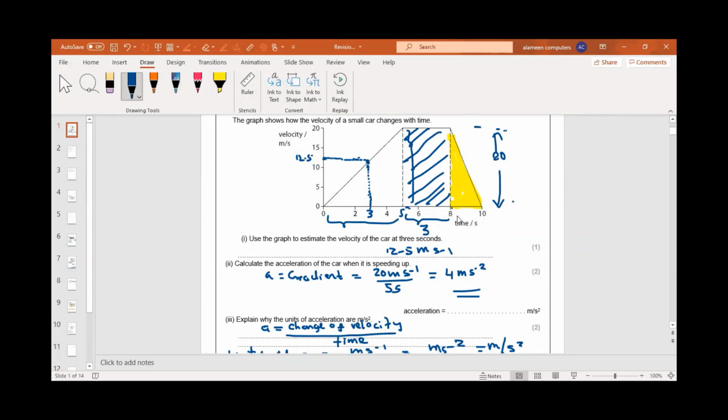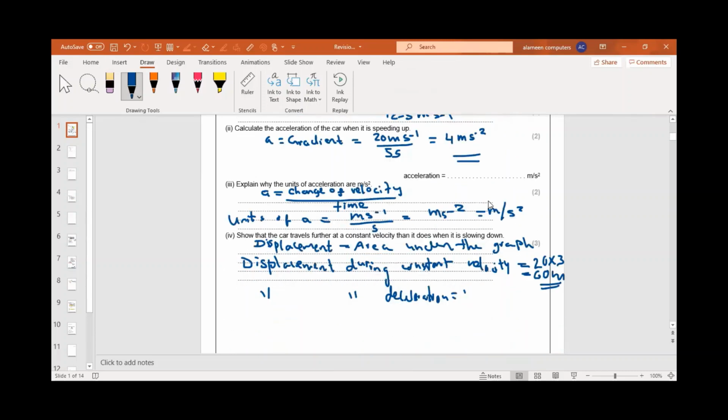So the base of the triangle is 10 minus 8, which is 2. Height is 20 again, right? So it should be half into base, which is 2, into height, 20. So that's 20 meters.